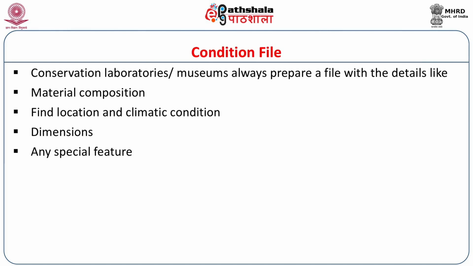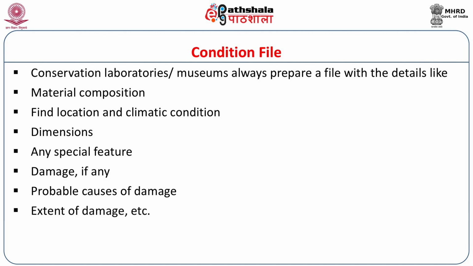If there is any special feature, the conservator in the laboratory should note it. The damage which has already occurred in the object should be noted down, and then the conservator should try to know the probable cause of damage.